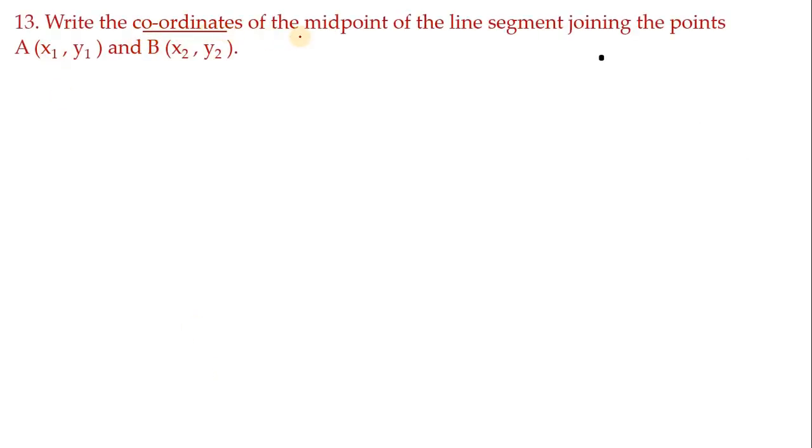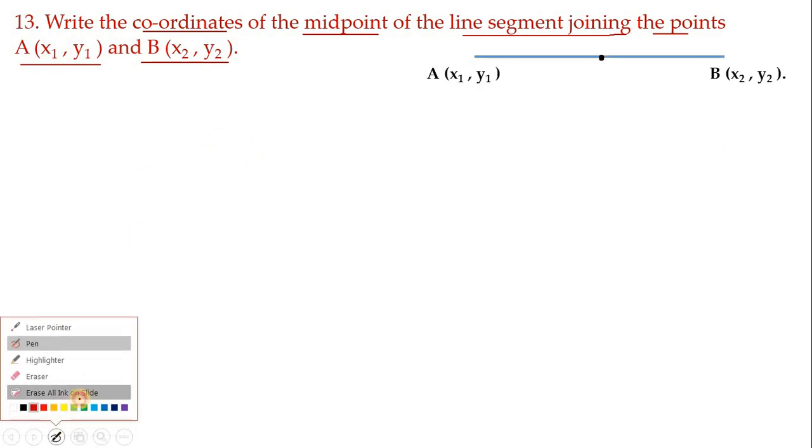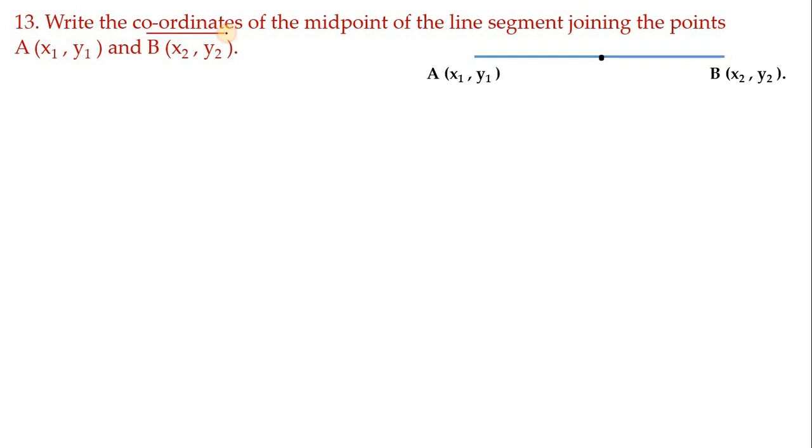Write the coordinates of the midpoint of the line segment joining the points A, whose coordinates are x1, y1, and B, whose coordinates are x2, y2. Children, first let me draw a suitable figure for this. Understand the problem here now. We have to write the coordinates of the midpoint of the line segment joining the given points.